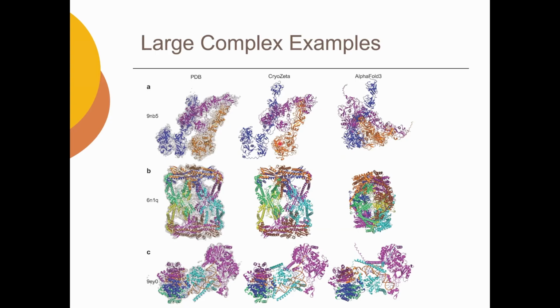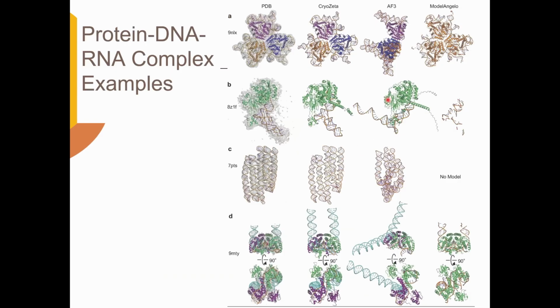But CryoZeta doesn't do that because CryoZeta understands the density positions. This is an example of protein, DNA, RNA complexes compared to AlphaFold 3 or ModelAngelo. Since CryoZeta understands where the RNA or DNA is located in the density, it does a better job than, of course, AlphaFold 3.